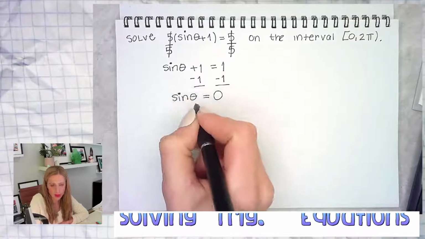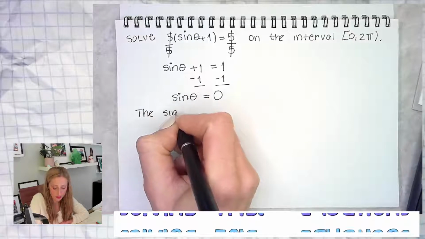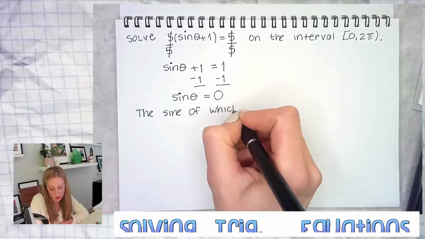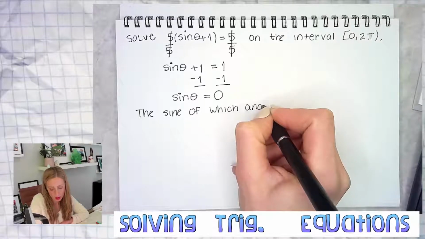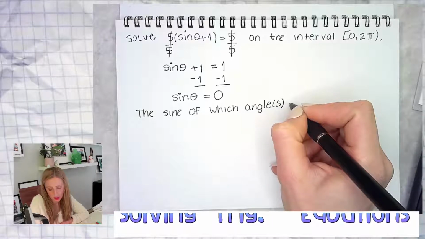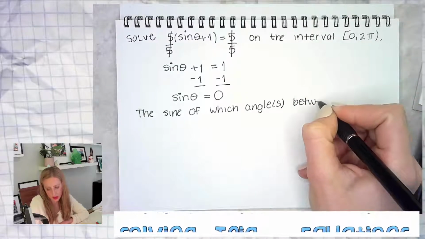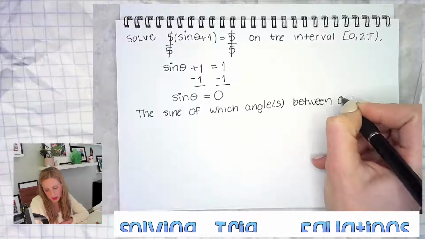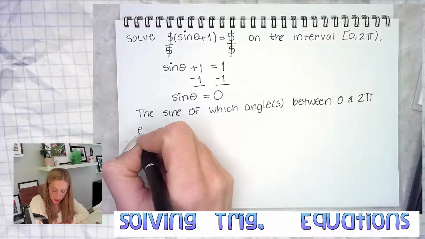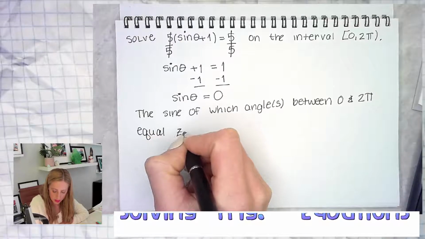Now, next step, you ask yourself: the sine of which angle or angles, between 0 and 2π, equal 0?